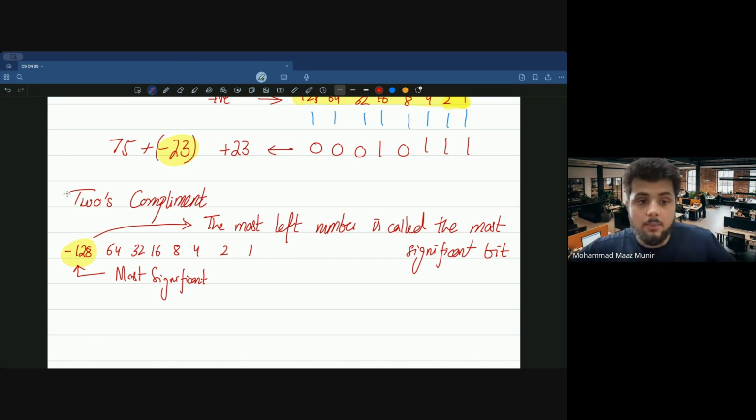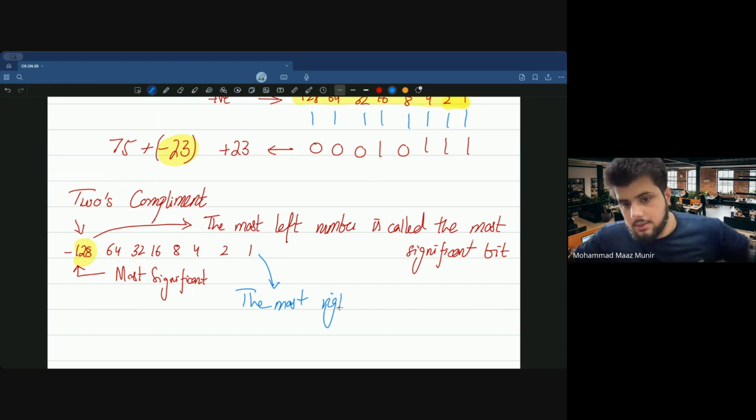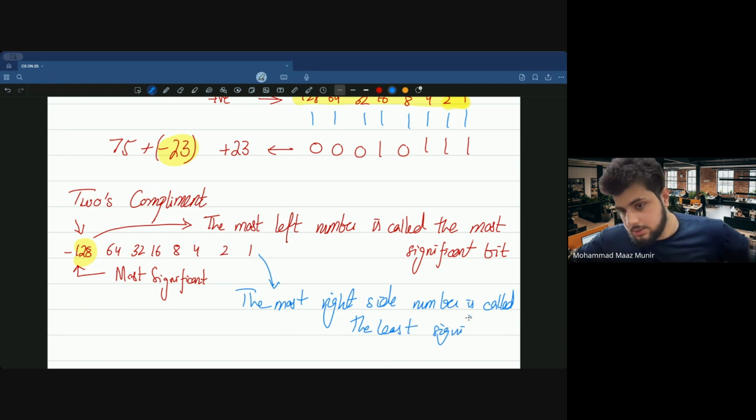So what's the most left number? It's this one. So I'm just converting the positive here to a negative. So I have a negative 128 right now. And just like that, it's important to understand that the most right side number is called the least significant bit.